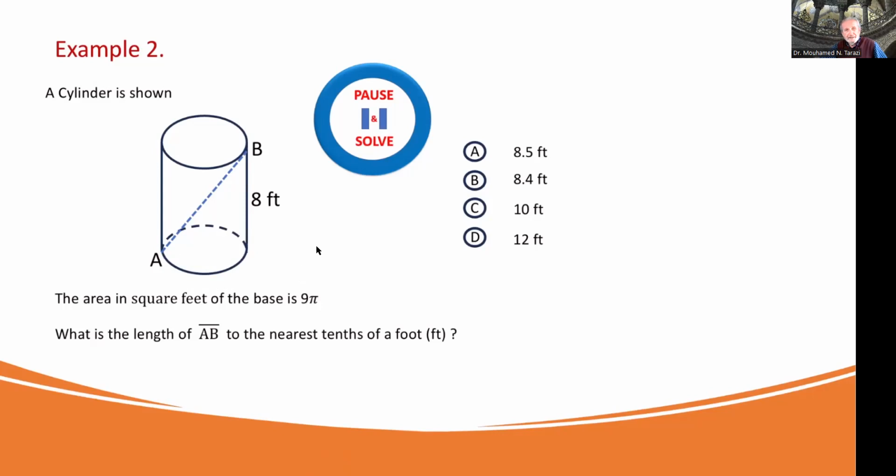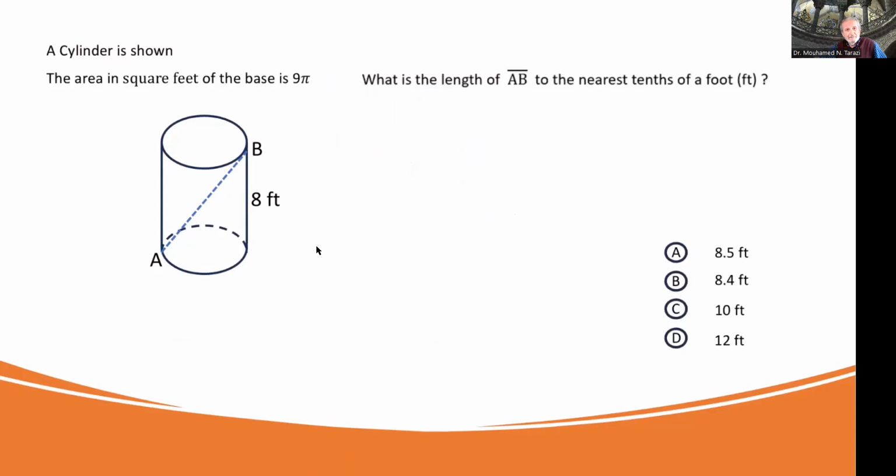Again, think of creating a right angle triangle. That's what I put here. So this is X. Now the area in square feet of the base is 9 pi. So I know the area of this here.